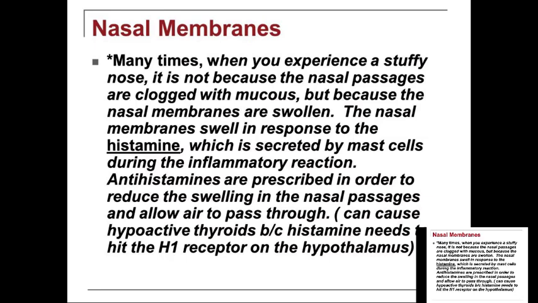The hypothalamus releases thyrotropin-releasing hormone. That goes to the pituitary. The pituitary releases thyroid-stimulating hormone, which goes to the thyroid to push out T4, which is thyroxine. Thyroxine goes to the liver, where T4 is converted to T3, triiodothyronine, which is needed to speed up your metabolism.